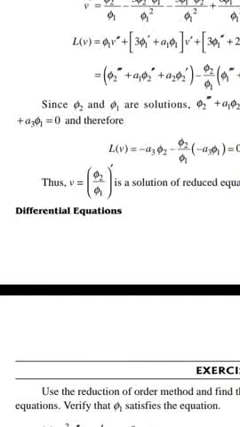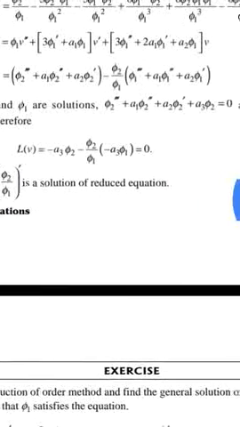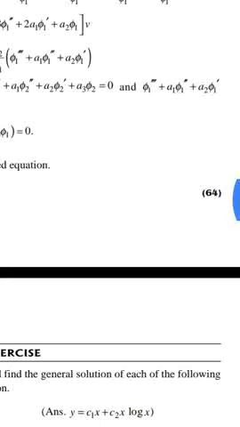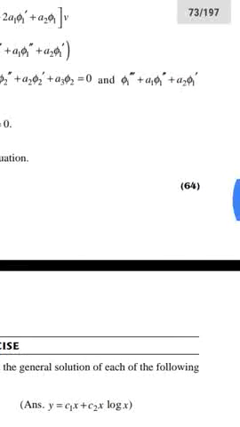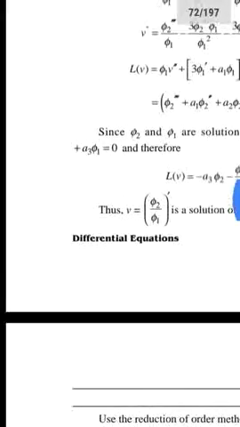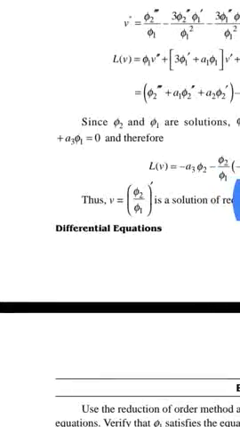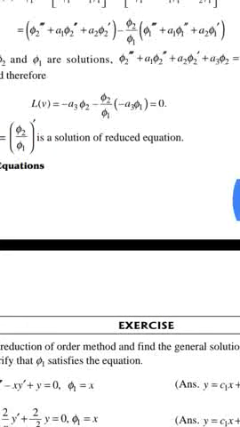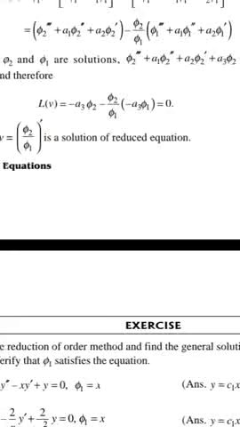Since phi 2 and phi 1 are solutions, phi 2 triple dash plus a1 phi 2 double dash plus a2 phi 2 dash plus a3 phi 2 is equal to 0, and phi 1 triple dash plus a1 phi 1 double dash plus a2 phi 1 dash plus a3 phi 1 is equal to 0, and therefore L of v is equal to minus a3 phi 2 minus phi 2 divided by phi 1 times minus a3 phi 1, which is equal to 0.